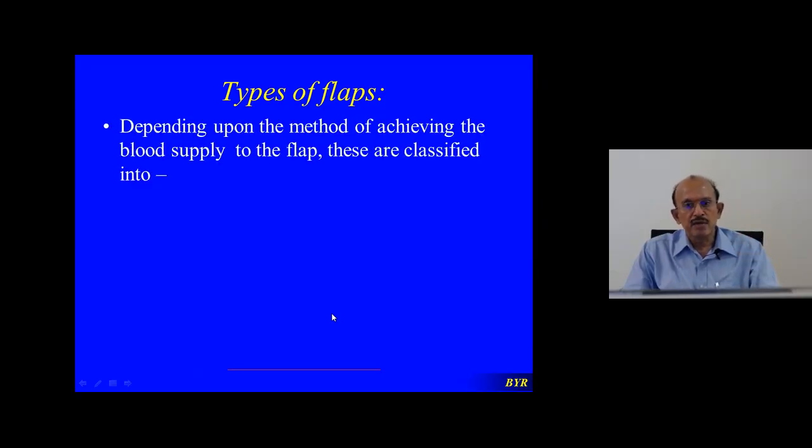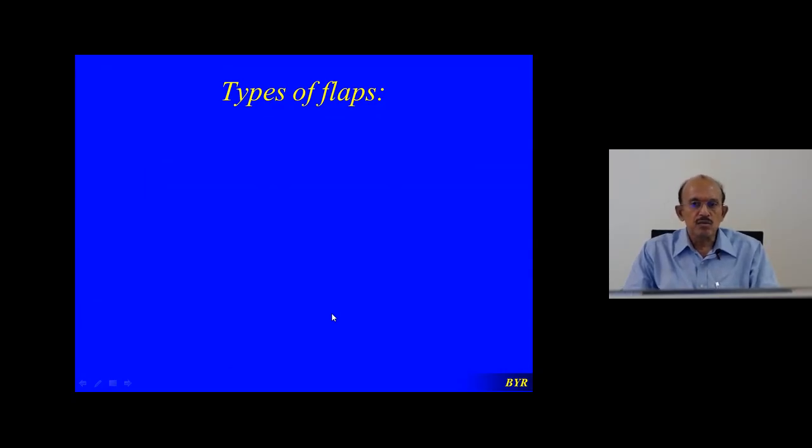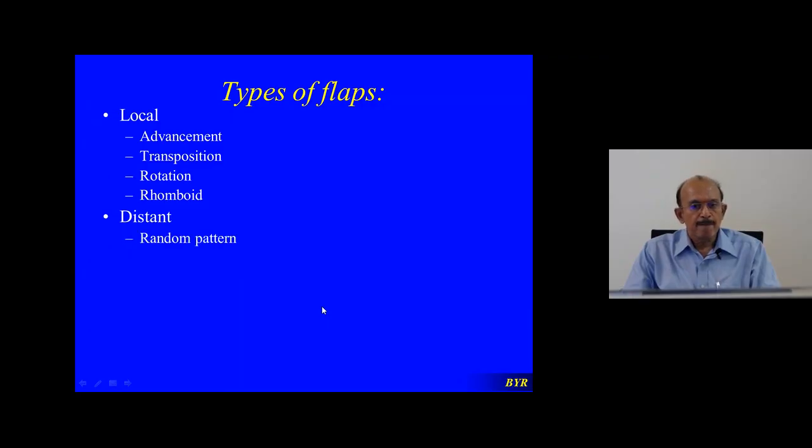Depending upon the method of achieving the blood supply to the flap, these are classified into local flaps and distant flaps. Local flaps, again, there are four varieties: advancement flap, transposition flap, rotation flap, rhomboid flap. Then distant flaps, random pattern flaps, axial pattern flaps.